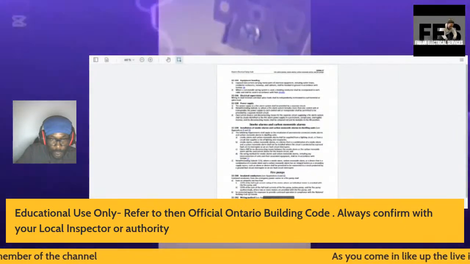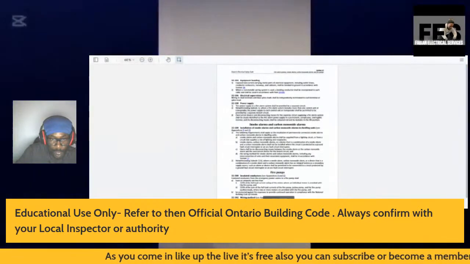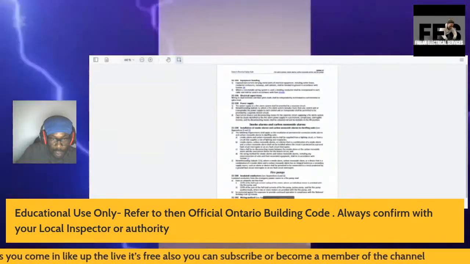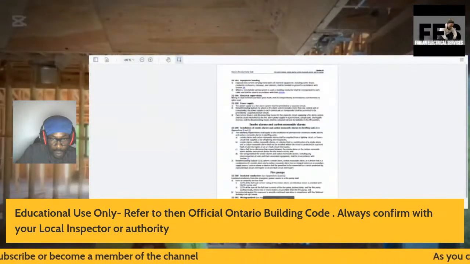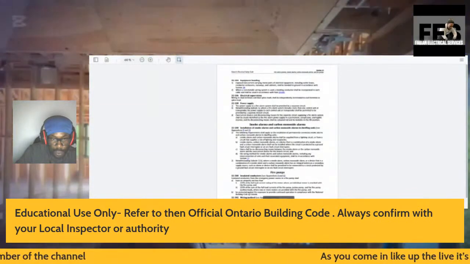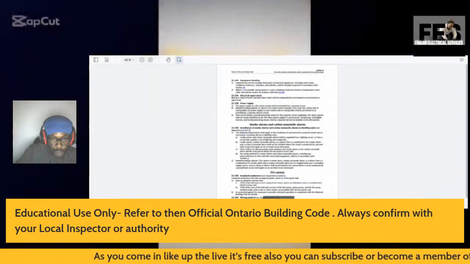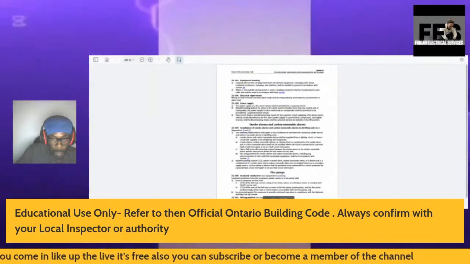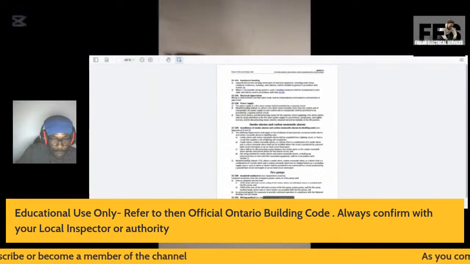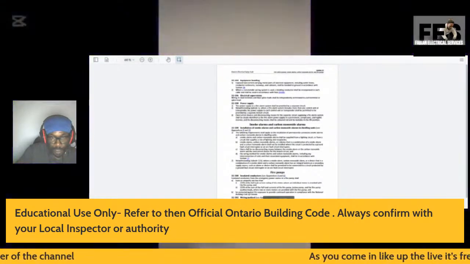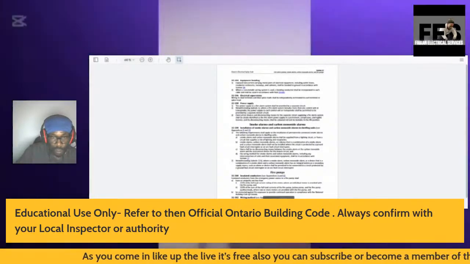So this rule here says smoke alarms, carbon monoxide alarms, or a device that is a combination of a smoke alarm and a carbon monoxide alarm shall not be installed where the circuit is protected by a ground fault circuit interrupter or an arc fault circuit interrupter.